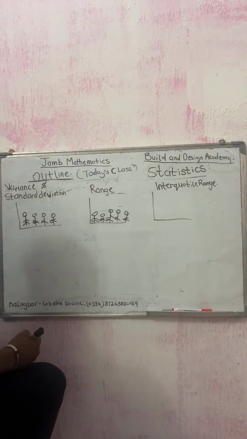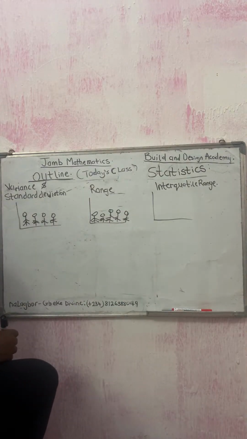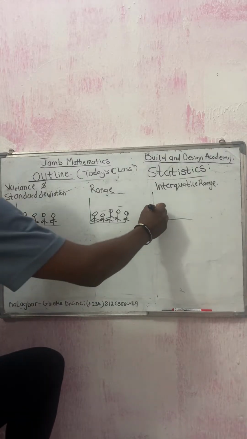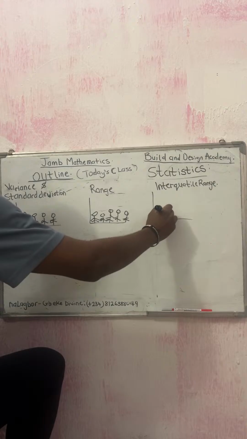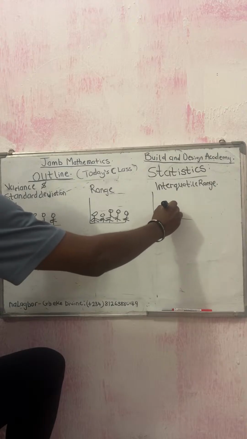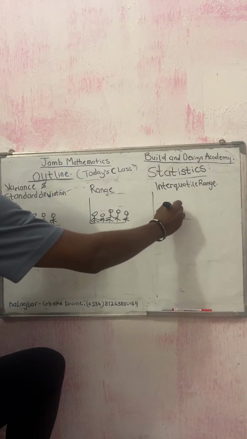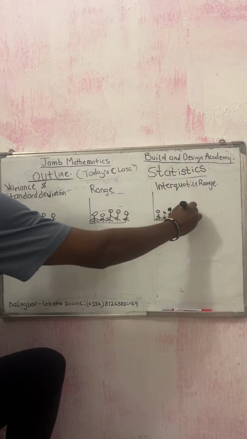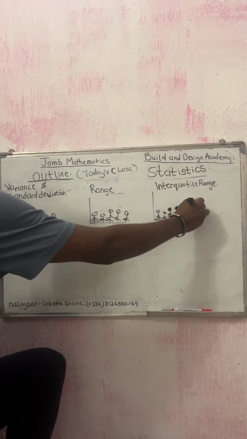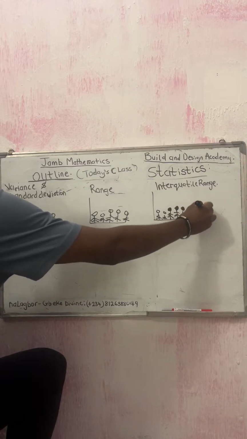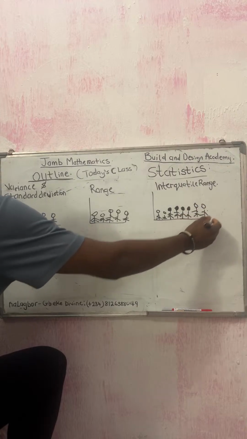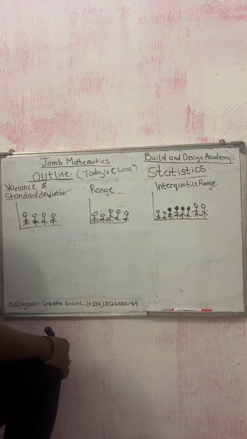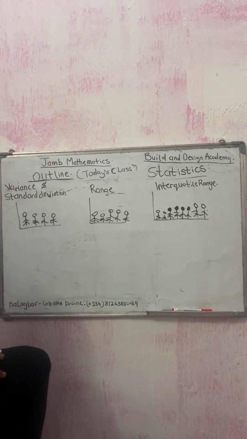Then the interquartile, let's say we have this, this, this, this, this, and this. Now I'll explain them for you in just a second.